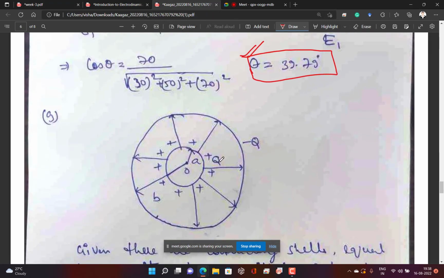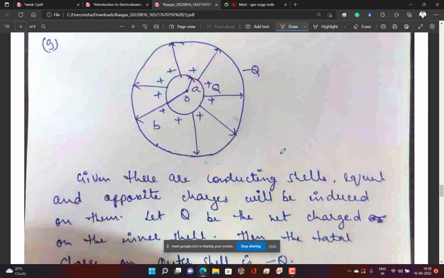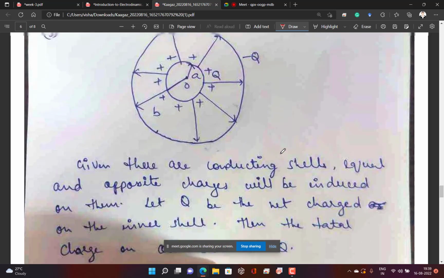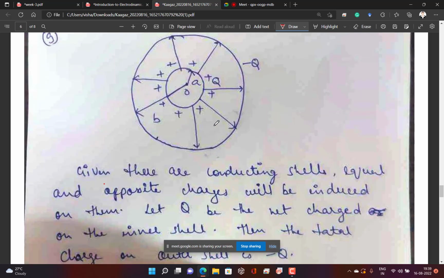Let's say that on the inner shell there is a positive charge plus q, and on the outer surface there is a charge of minus q. It's given that the potential for r equal to b is 0. Given there are two conducting shells, equal and opposite charges will be induced, isn't it?